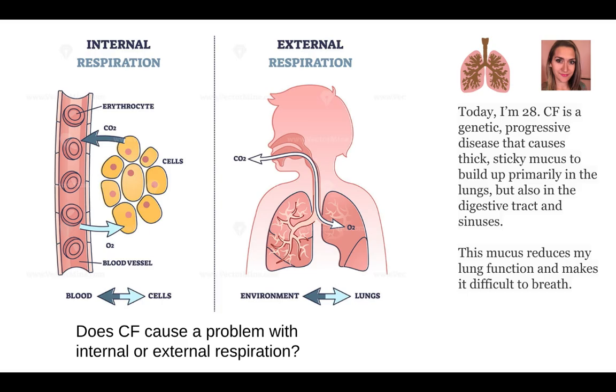Does that primarily affect your external or internal respiration? The answer is external. That thick, sticky mucus is going to really clog your airways, primarily your bronchi and bronchioles, leading to airway obstruction, impaired gas exchange, and it can lead to some pretty gnarly chronic infections down the road.